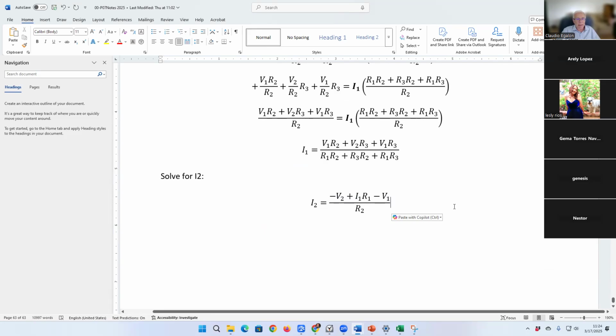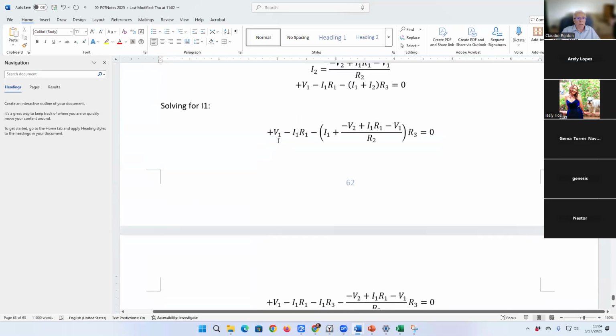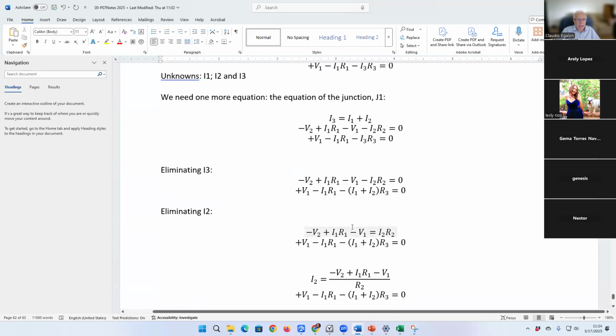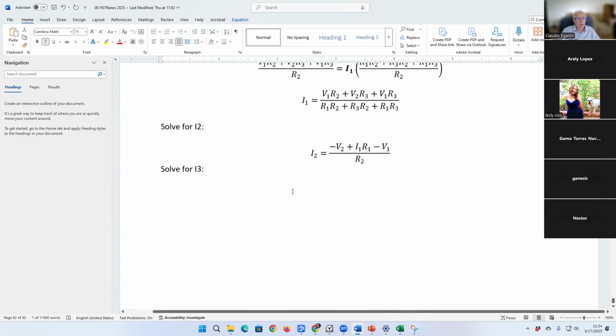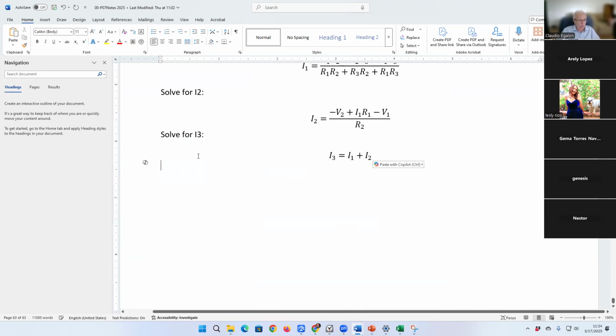Whether we can simplify it or not, we do not know, right? So for I3, the I3 is right in here. I1 plus I2. Now we solve I2.